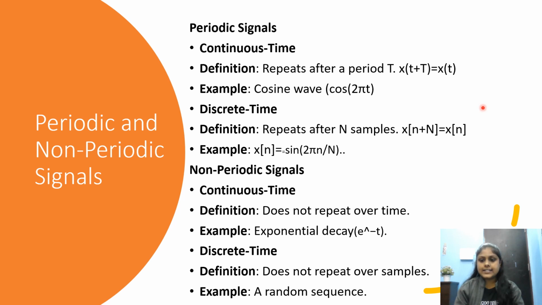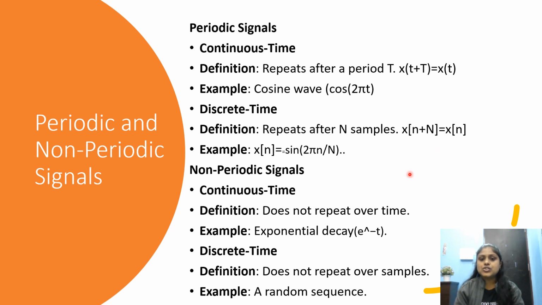Periodic and non-periodic signals. Periodic signals in continuous time repeat after a period T, that is x of t plus T is equal to x of t. For example, cosine wave cos 2 pi t. In discrete time they repeat after N samples, that is x of n plus N is equal to x of n.